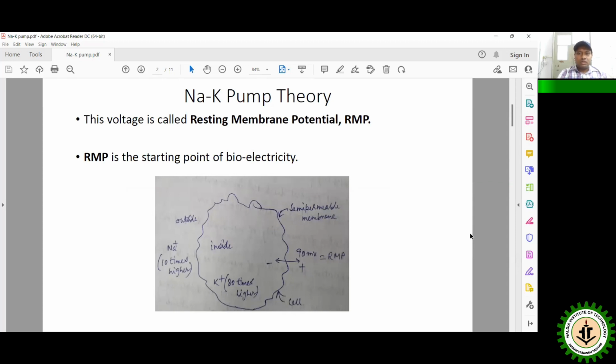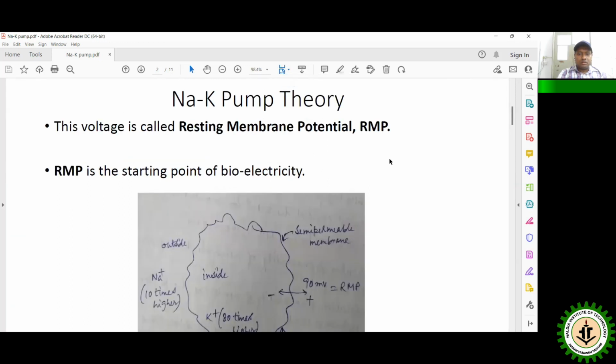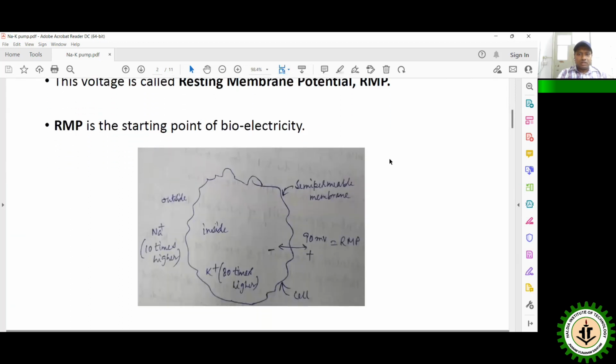Now let us see this particular structure. Let us suppose this is one cell, and the cell is what? The cell is the smallest unit of the human body. Any cell, as you know, is covered by a semi-permeable membrane.